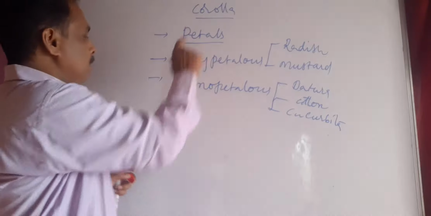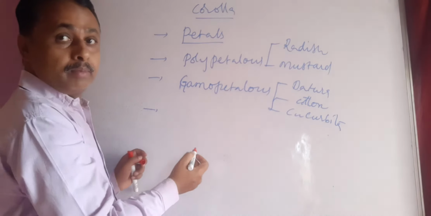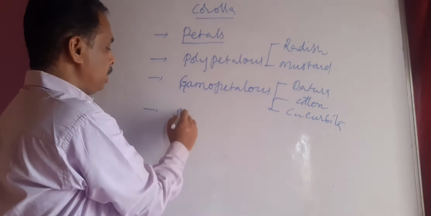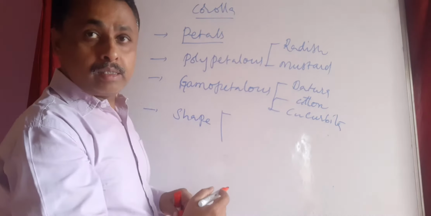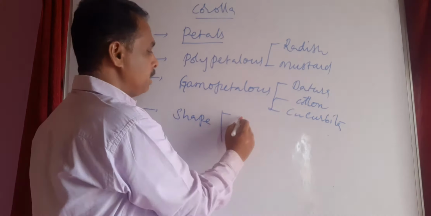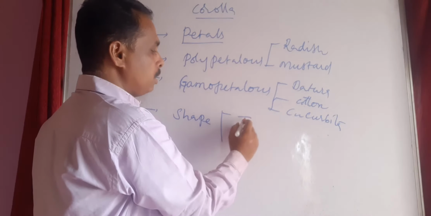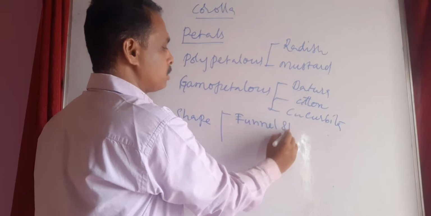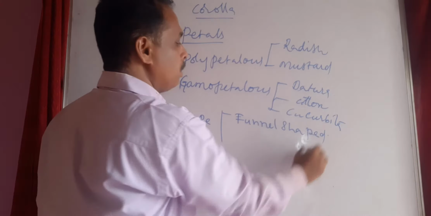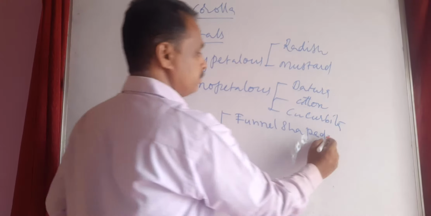And here the shape of the petals is different. In some cases the petals are funnel shaped. Funnel shaped petals can be seen in datura.